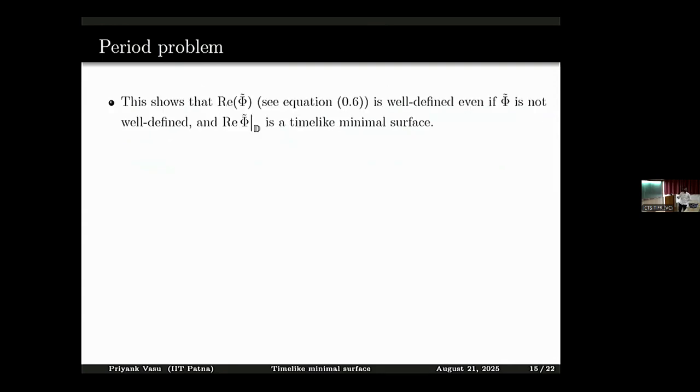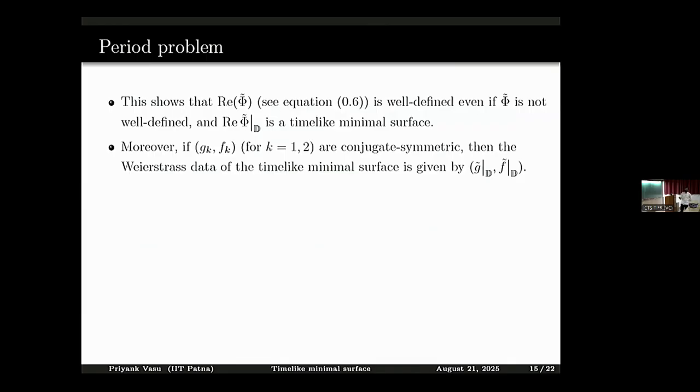Furthermore, if this real period condition is satisfied, then real of phi is well defined, even if the whole phi tilde is not defined. And the restriction of this will give us the time-like minimal map. Okay, and if we put the conjugate symmetric condition, that was the condition with equation 0.5, that means the restricted map will be from the split complex plane to the split complex plane.